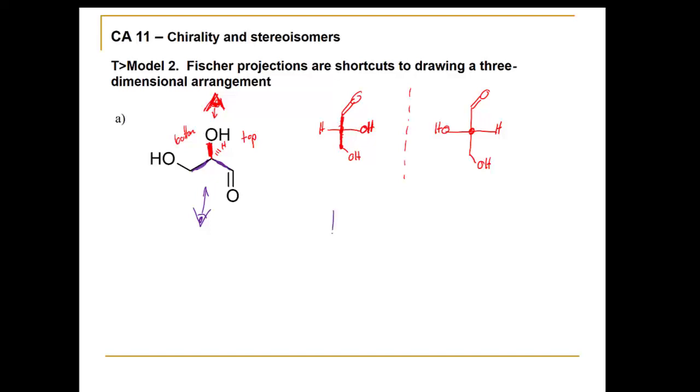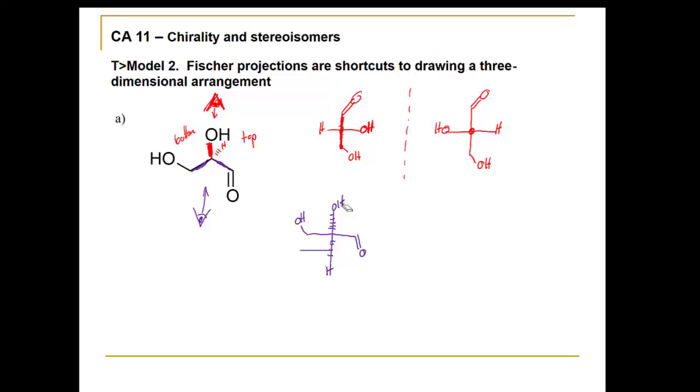So what that would look like is I would have my aldehyde group right here. It's coming out at me. And I'd have my CH2OH group coming out at me. And what's going back would be the OH group at the top here. And what's going back would be the hydrogen right here.